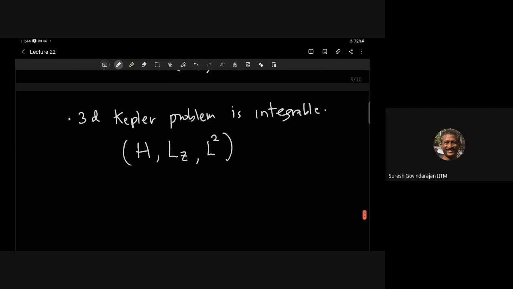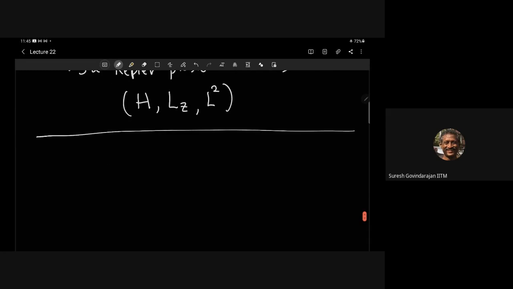So these are examples. In the last 5-6 minutes, why do we need the involution condition for integrability?